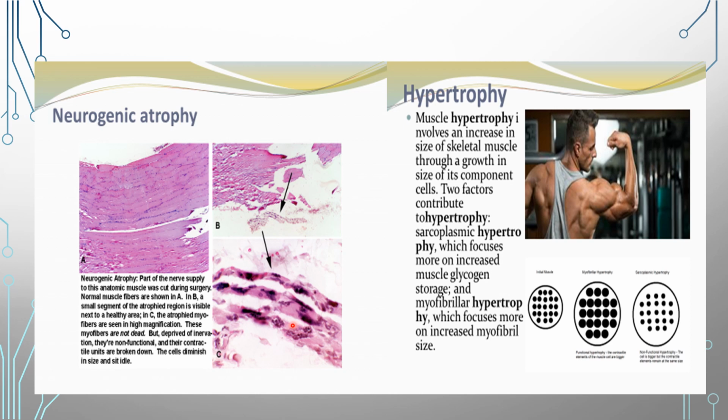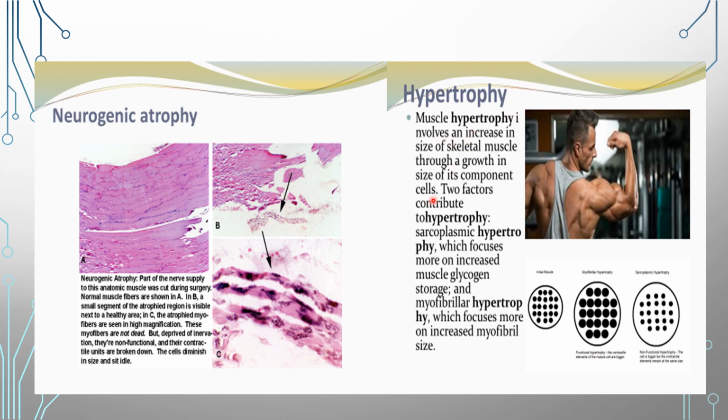And then you can see here in this diagram that these myofibers are deprived of the innervation, and they are non-functional, and the contractile units are broken down. The cells diminish in size and sit idle.